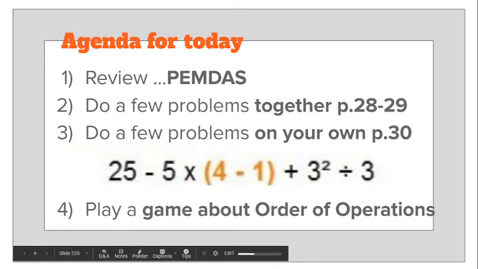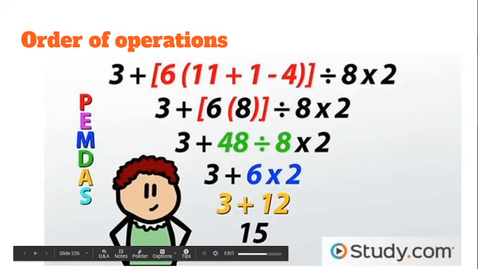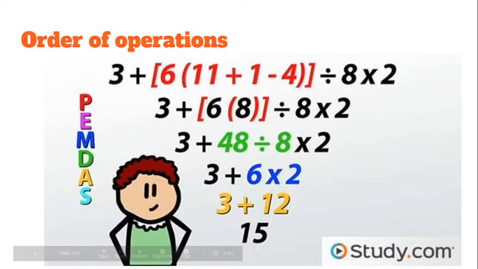Another word for order of operations is PEMDAS, all right? What comes first usually is the parentheses or the exponents. We're not going to be working with exponents. The only thing we're going to be working with in 5th grade is multiplication, division, addition, and subtraction, okay?